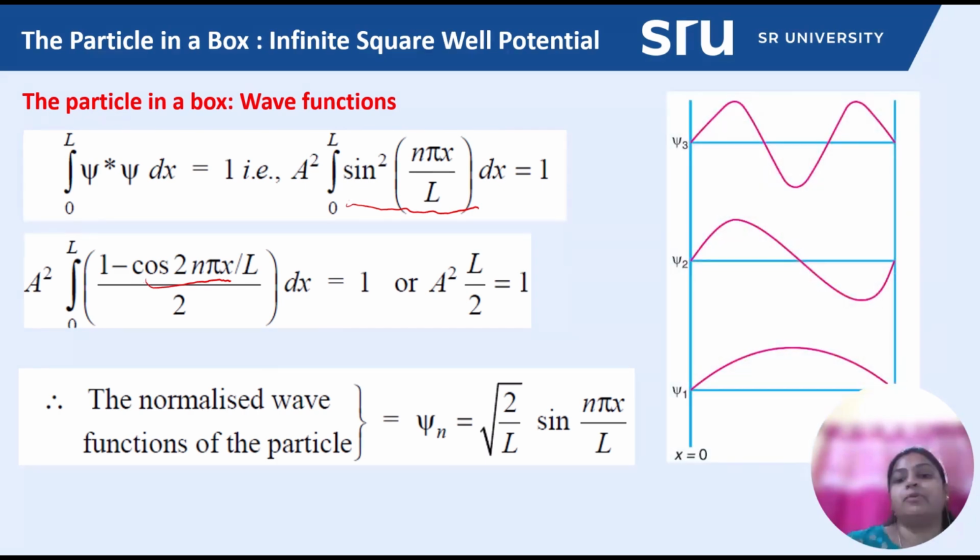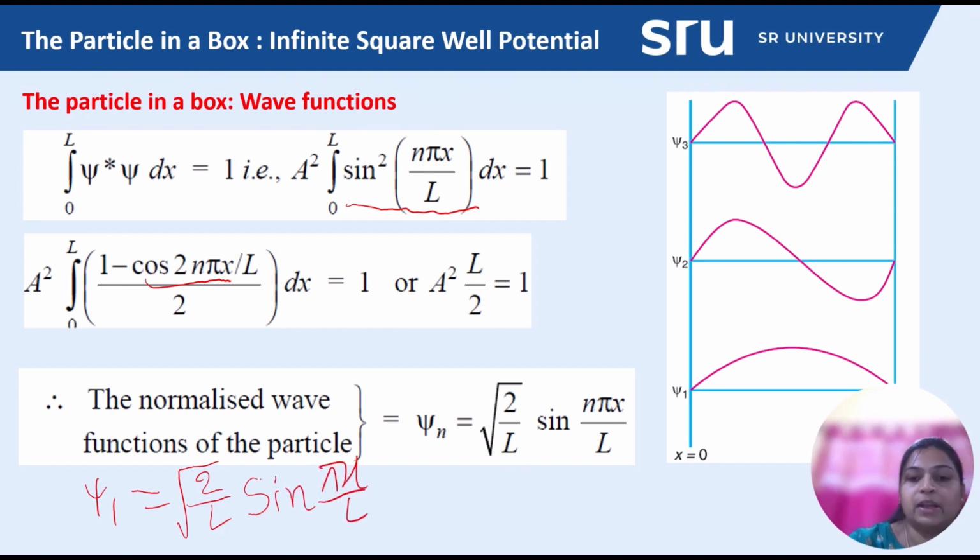And now suppose n is equal to 1, that means psi 1 is equal to root of 2 by L, this is the constant term, sine pi x by L. We can get a wave function like that.